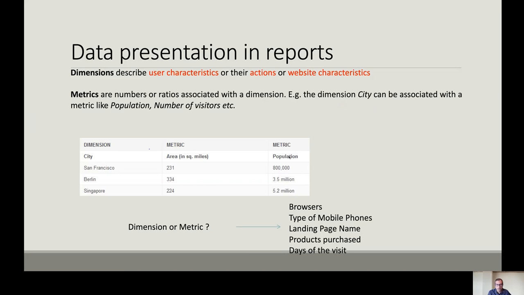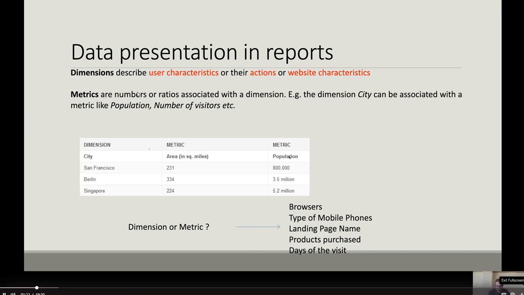Okay, so this is the example that you see out here. Another way of thinking about this is that the first column that you see is a defining feature, and the subsequent columns define that particular feature in terms of some numbers, right?